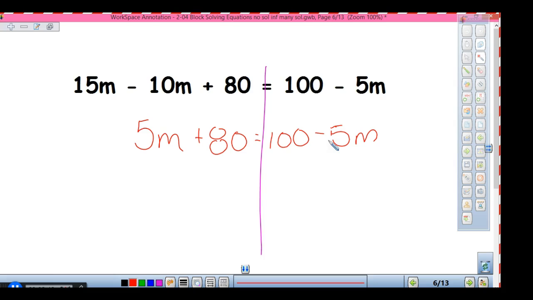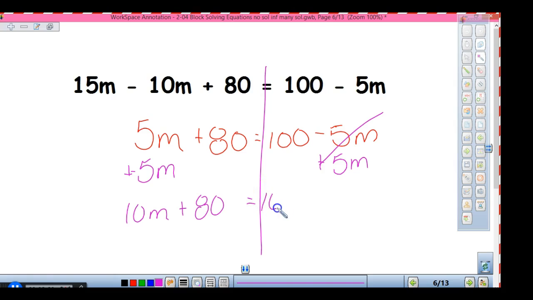Izzy, what are you moving? And how am I going to move it? Good. So plus 5m, plus 5m. So I have what over here? Equals 100.